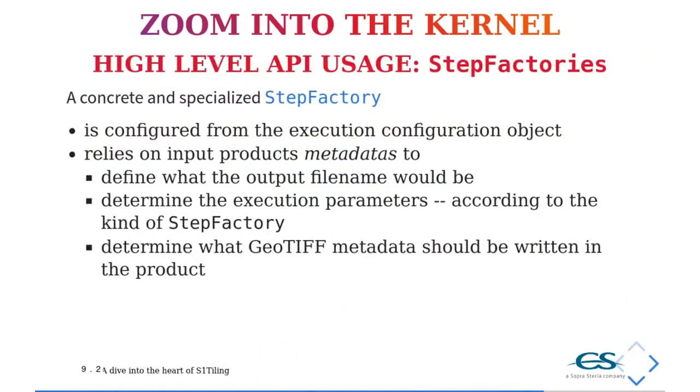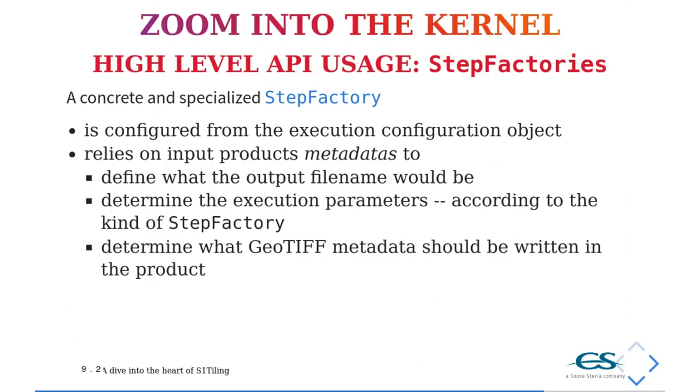A concrete and specialized step factory is usually configured from a configuration object that is specific to the application. Thierry, I've shown you the configuration file that is used by S1Tiling for saying, okay, I will use a precision of 10 meters, for example.